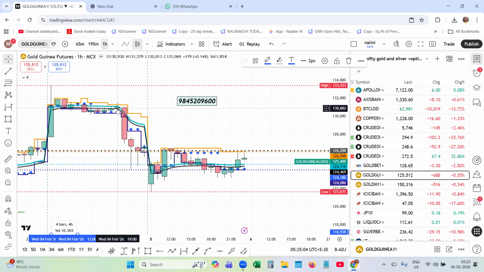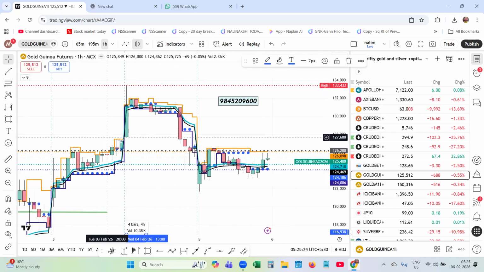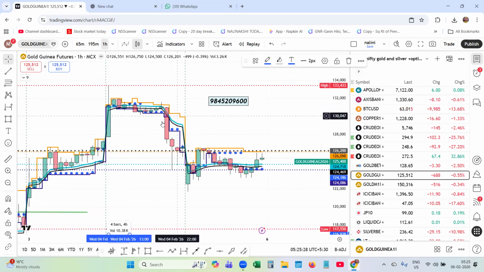Actually, this smart money is a ghost trader. He will not show up by the volume. Silently, without his presence, he will be accumulating or distributing there. He was distributing the price to the top. He started distributing. This is the distribution.